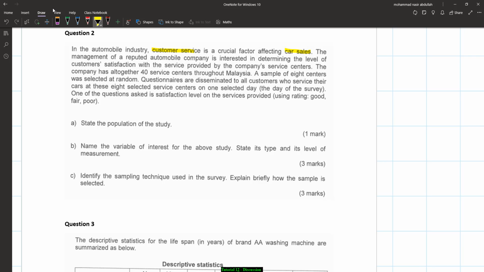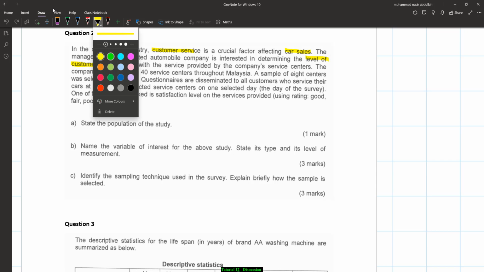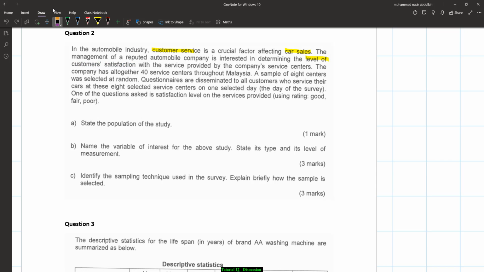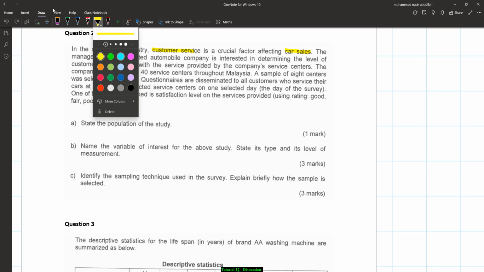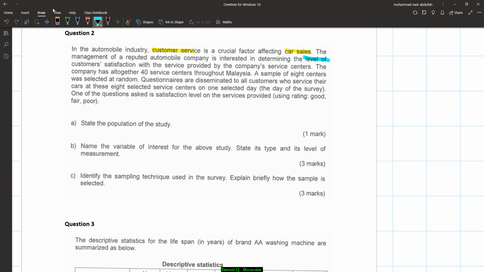So the management of reputed automobile company is interested in determining the level of customer satisfaction. Right? So kita highlight guna the different colours lah. So this is level of customer satisfaction.